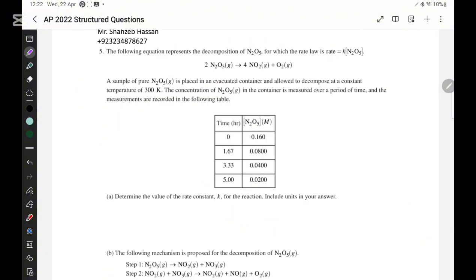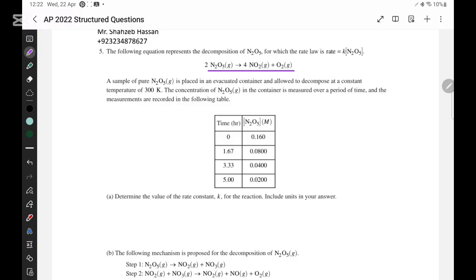So this question, the following equation represents the decomposition of N2O5, for which the rate law is rate is equal to k times the concentration of N2O5. This is an equation that has been given to us. A sample of pure N2O5 is placed in an evacuated container and allowed to decompose at a constant temperature of 300 Kelvin.